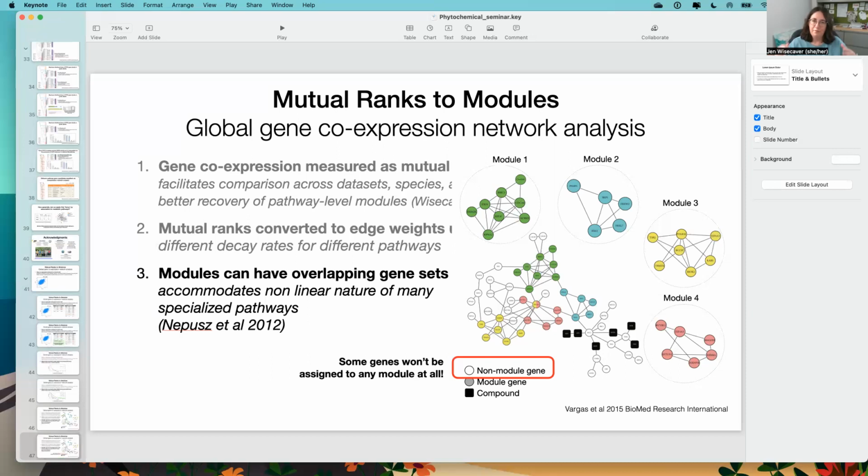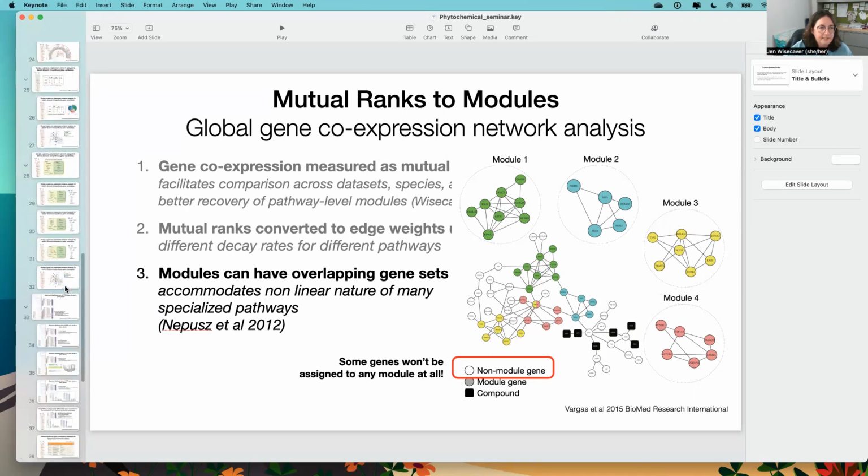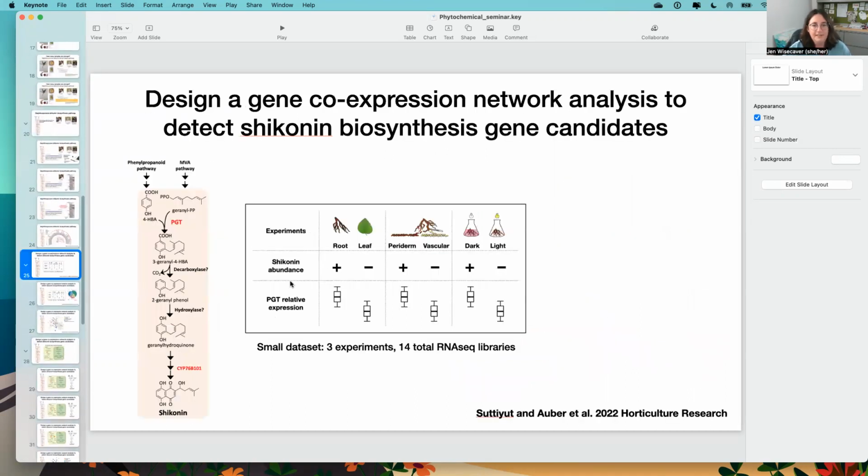And so the more variation in gene expression you can introduce to your network, the more robust the analysis will be as far as pulling out discrete signals for different pathways. Although I will go off on a bit of a tangent and scroll back up to our project design. Here we did have three technical replicates for periderm and three for vasculature.